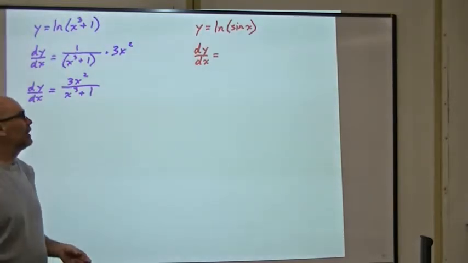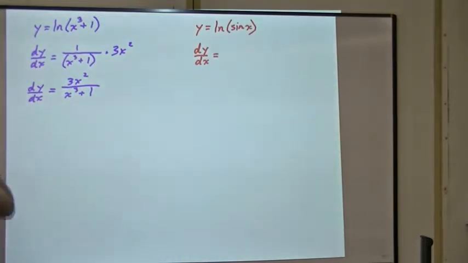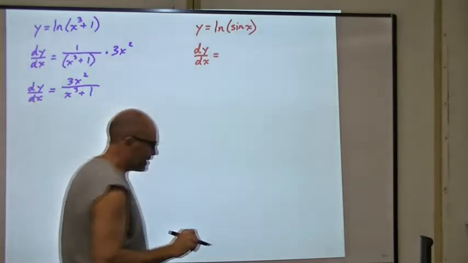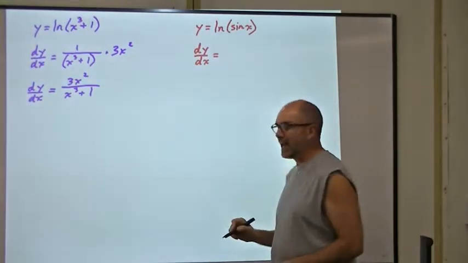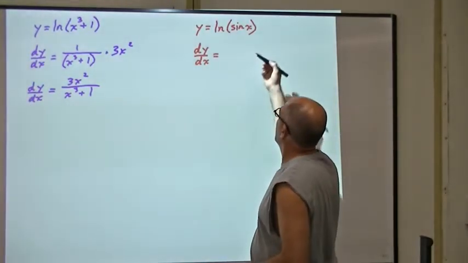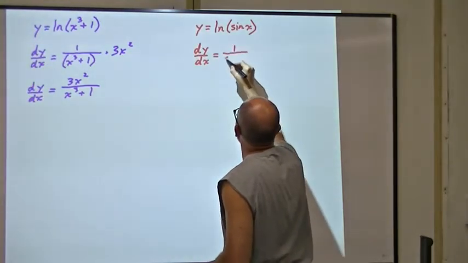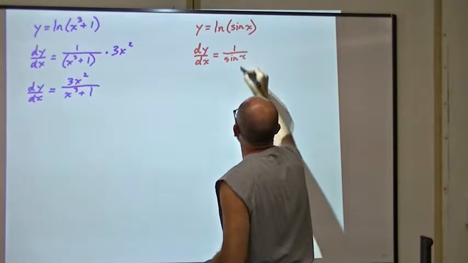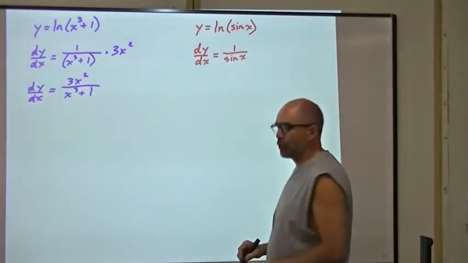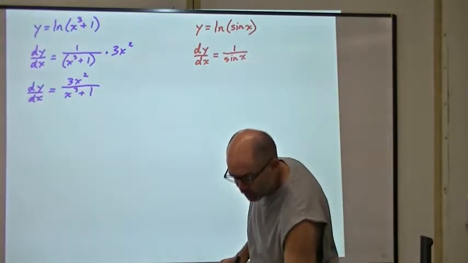All right, try another one. y equals natural log of sine x. So, dy dx, 1 over sine x. And of course, the chain rule.